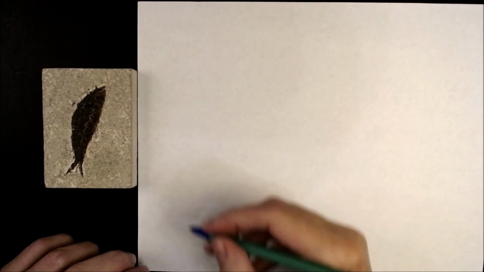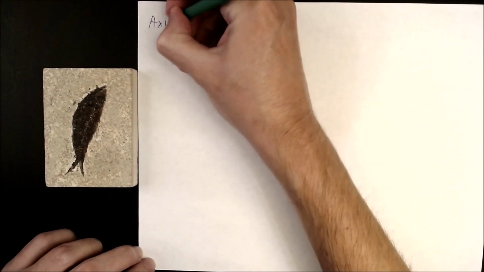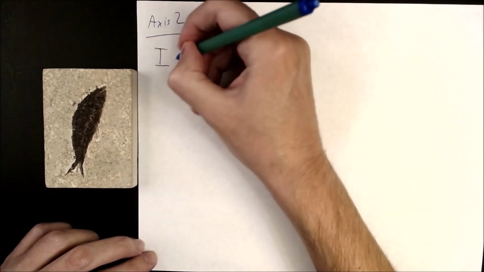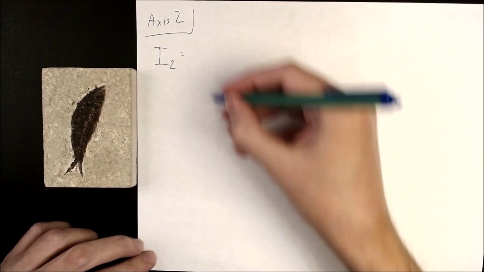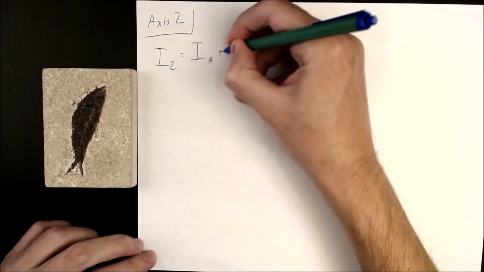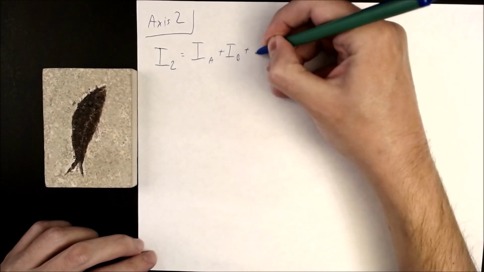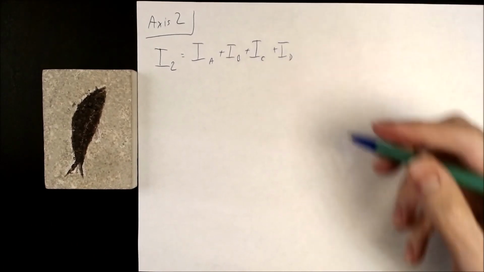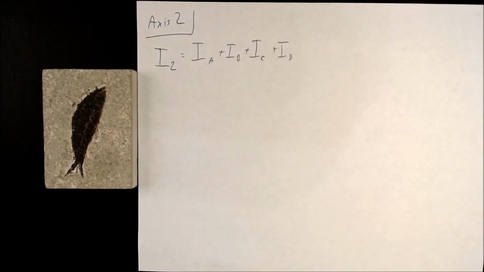Let's go ahead and calculate this for axis 2. Moment of inertia around axis 2 is going to be the moment of inertia of A plus the moment of inertia of B plus the moment of inertia of C plus the moment of inertia of D. Remember, we can always just add up the individual moments of inertia of every object.